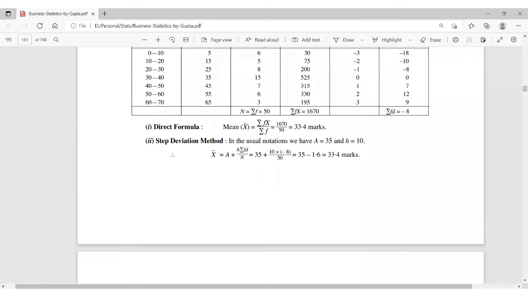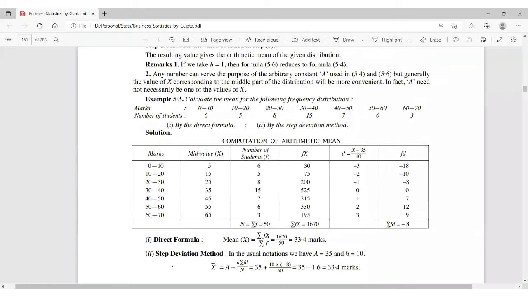Now h is the difference between these two numbers, between 10 and 20, that is 10.